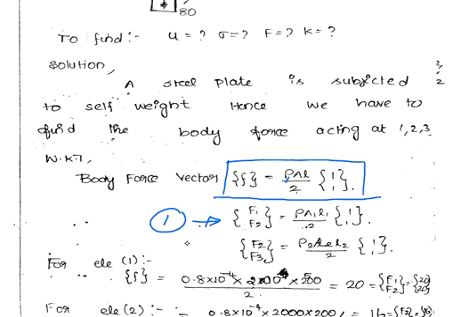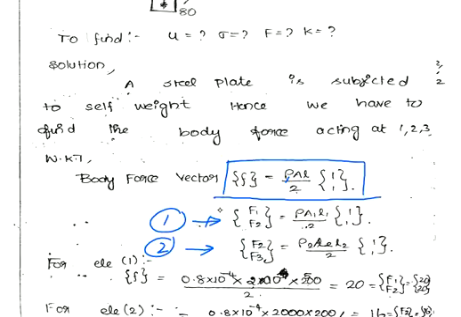For element 2, the connectivity will be F2, F3, and the formula will be rho 2 A2 L2 by 2, times 1, 1. Rho will be the same; just for identification we say rho 1 and rho 2. Now you have to substitute.